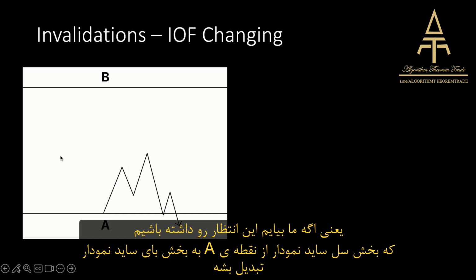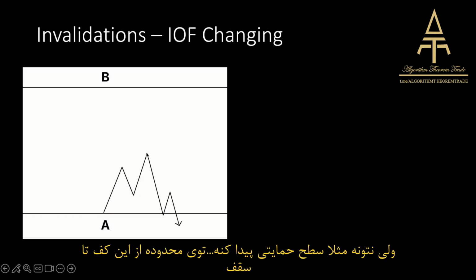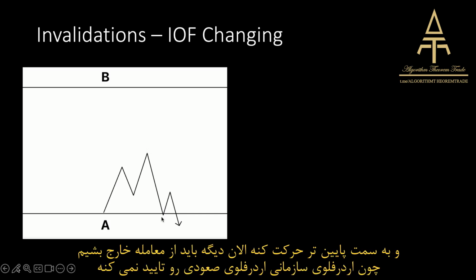Meaning, if we anticipated the sell side of the curve to turn into the buy side of the curve from point A, and the market begins to expand, it retraces and it expands, but it fails to find support, so to say, inside of the range from this low to high, and it displaces lower, then we know we need to get out, because institutional order flow is not confirming bullish order flow.